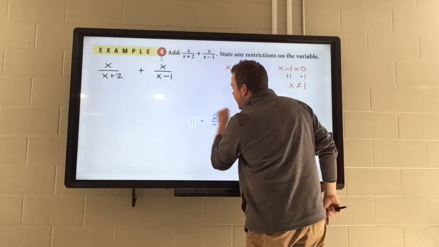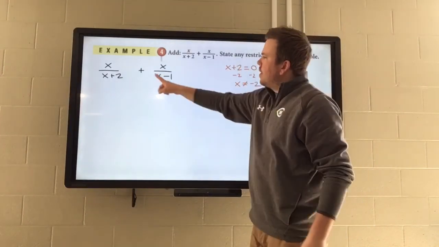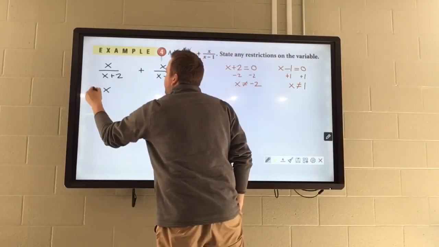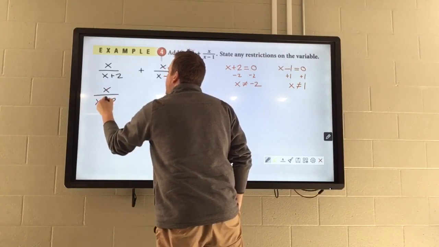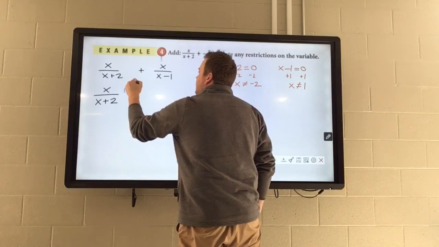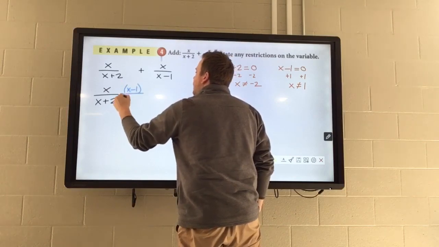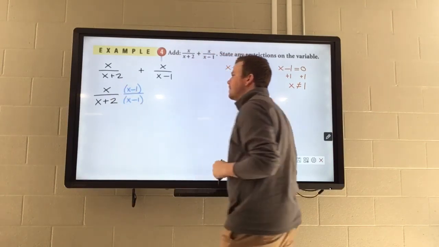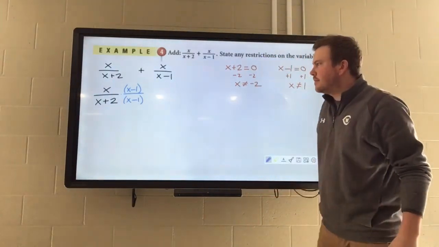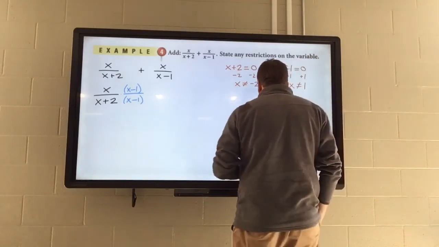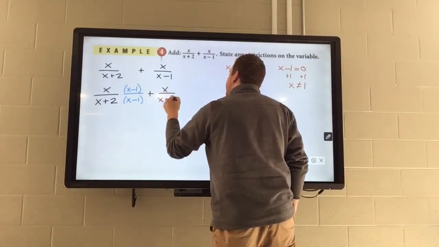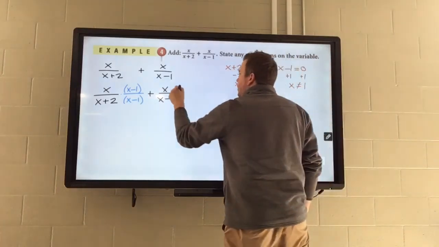So we're going to do that same thing here. We are going to multiply x over x plus 2 by a really fancy form of 1, which is x minus 1 over x minus 1. I got the x minus 1 from this denominator. And then we're going to multiply that second fraction, x over x minus 1, by a really fancy form of 1.